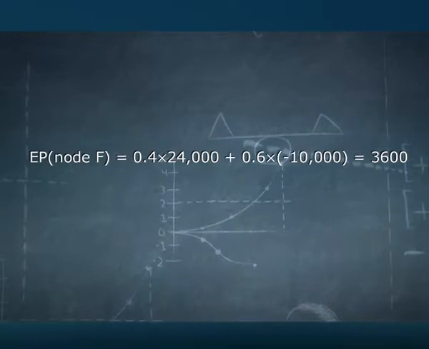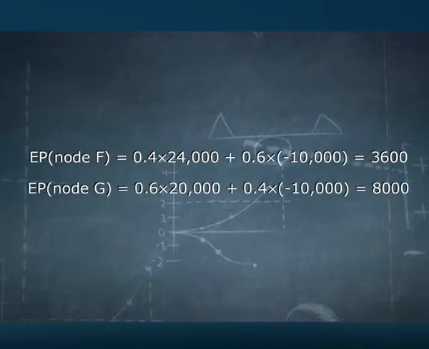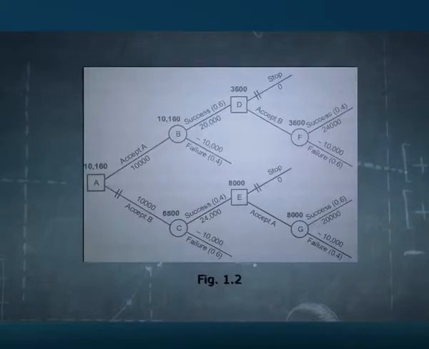EP for node F is calculated as 0.4 times 24,000 plus 0.6 times minus 10,000, which is equal to 3,600. EP for node G is calculated as 0.6 times 20,000 plus 0.4 times minus 10,000, which is equal to 8,000. These expected payoffs are then placed above these nodes, as shown in image 1.2.